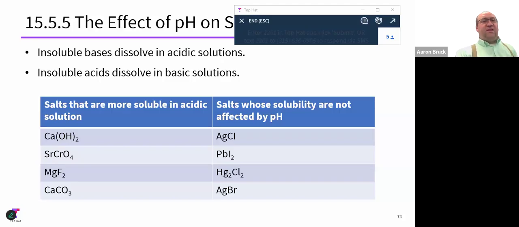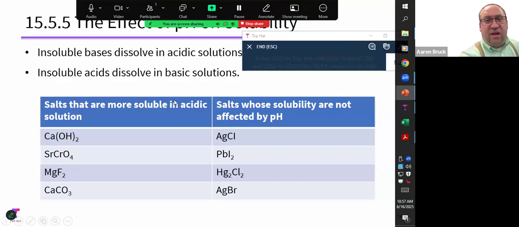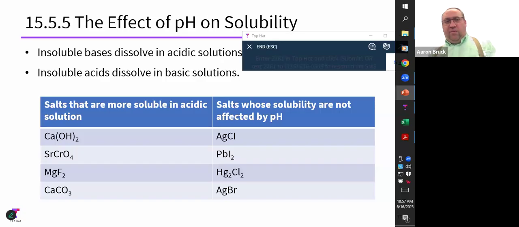We can also look at things like pH. pH can have an impact. This is where it's good to have a good idea of how acidic or basic a salt is. So, for example, if I have insoluble bases, they will dissolve in more acidic solutions. Take, for example, calcium hydroxide.